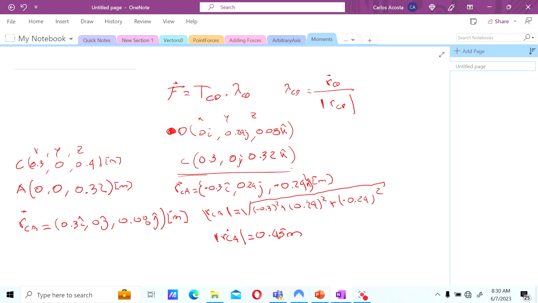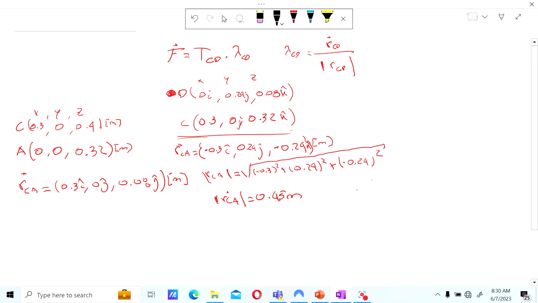Lambda is equal to negative 0.3 divided by 0.45, which is negative 0.66 in I, 0.24 divided by 0.45 is 0.52 positive, and in K it is the same but negative, negative 0.52.